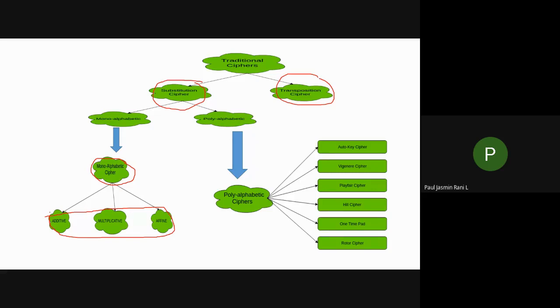If you know the formula, you can easily substitute the values and get the result. Let us see additive first, so later you can easily understand multiplicative and affine.